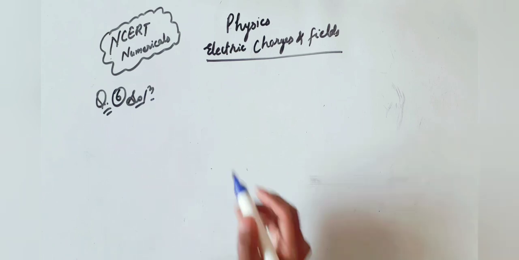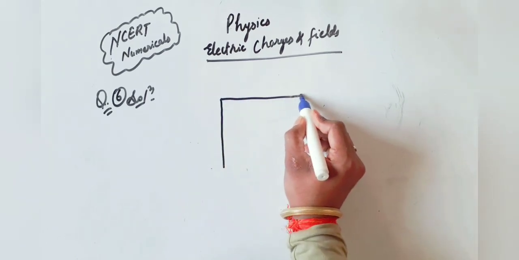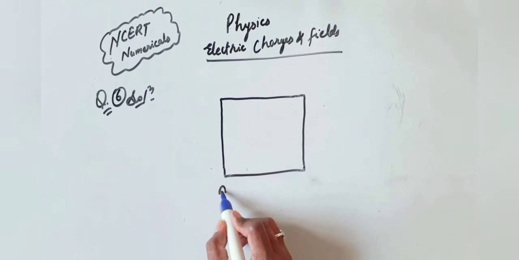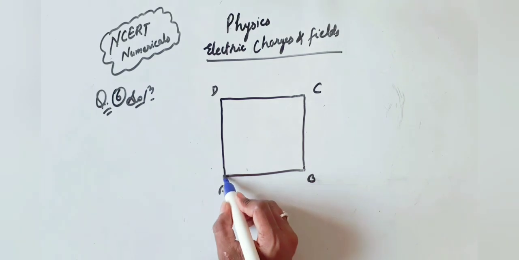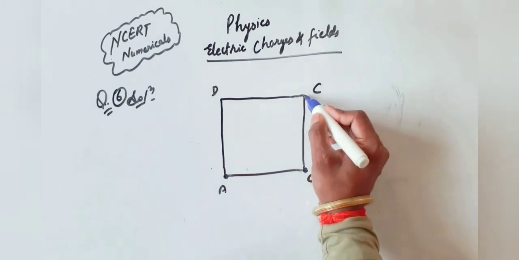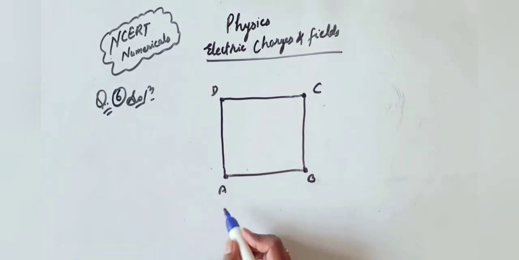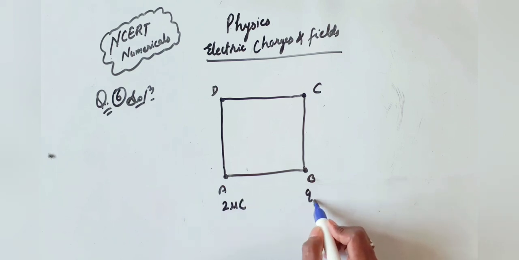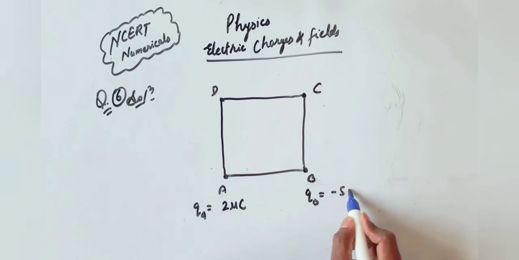In this question, there is a square ABCD. Charges are placed at each corner of this square. At point A, QA is 2 microcoulomb. At point B, QB is minus 5 microcoulomb.